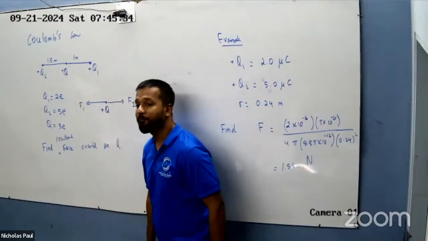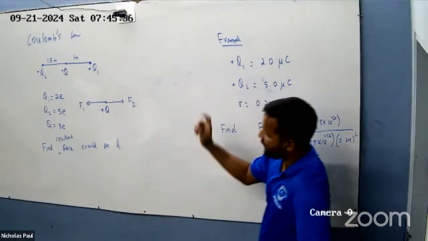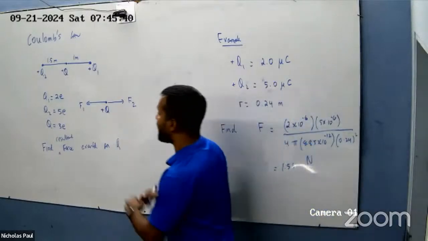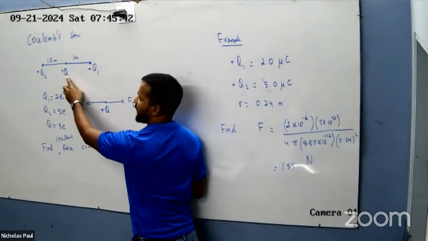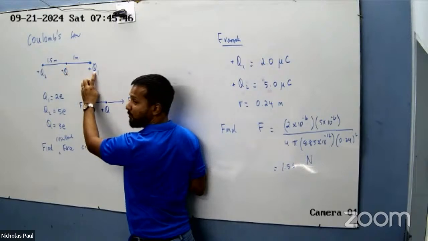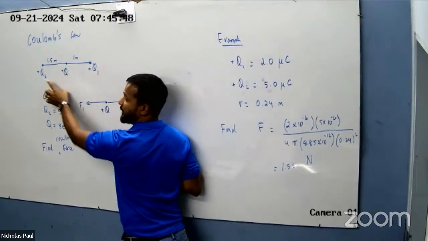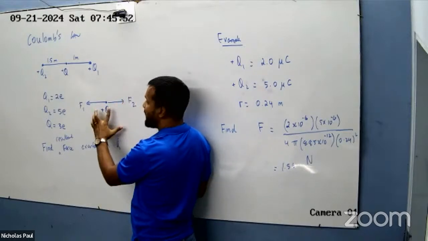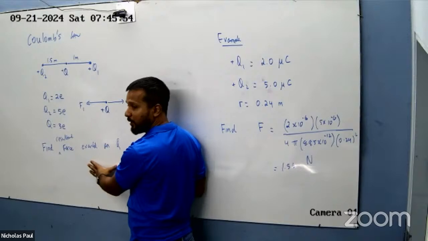Based on your direction, you will know what direction you're going. So if I ask you to find the resultant force here, you have to consider the force created by Q1 and the force created by Q2, and then you find the algebraic sum to get a resultant force.